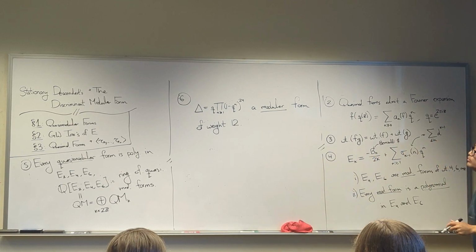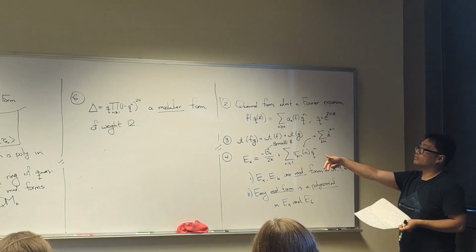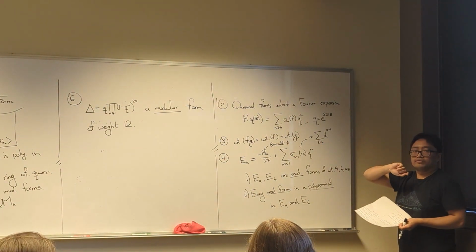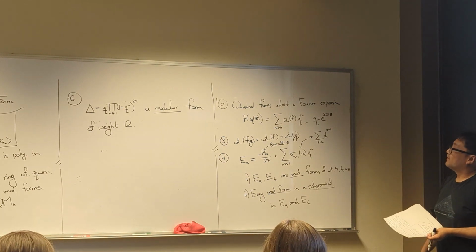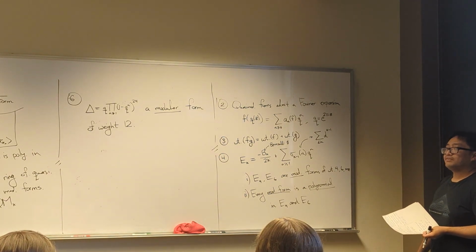If you accept all these 6 facts, then you'll see exactly how I can go from Gromov-Witten theory to this modular form. Any questions so far?